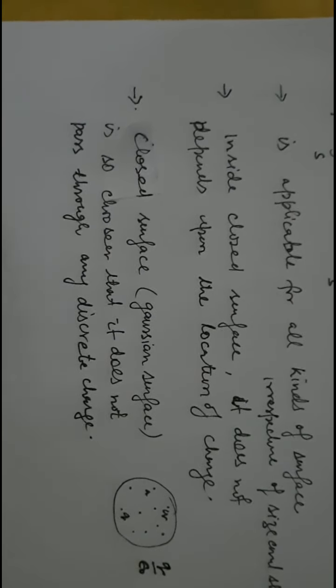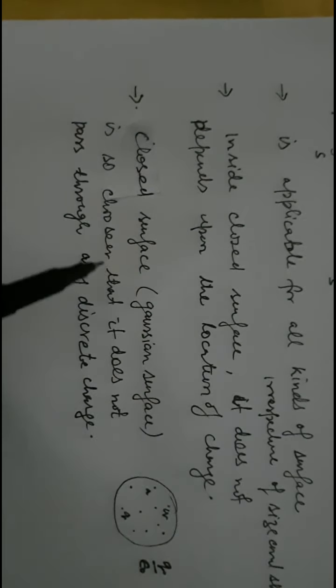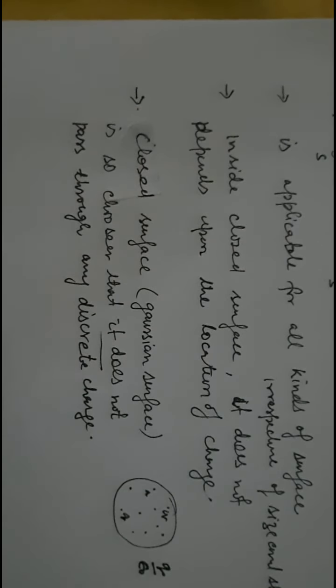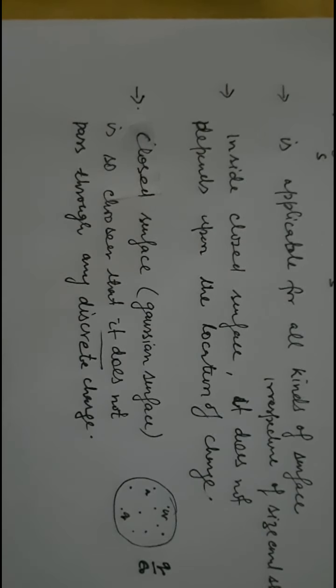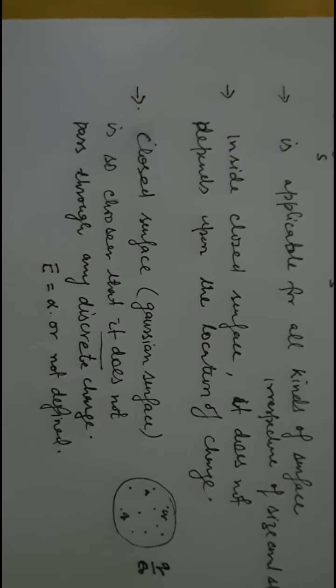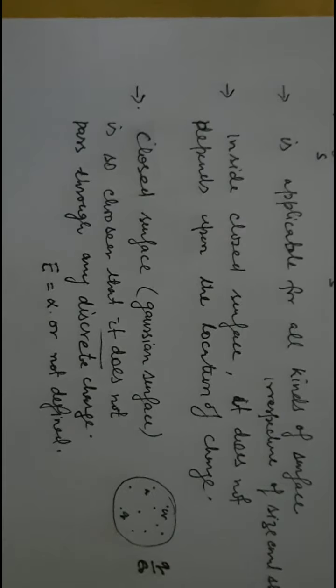The third point is that the closed surface is chosen so that it doesn't pass through any discrete charge, because the electric field is not defined at the location of the charge particle, so it would be difficult to calculate the electric flux coming out of that surface.